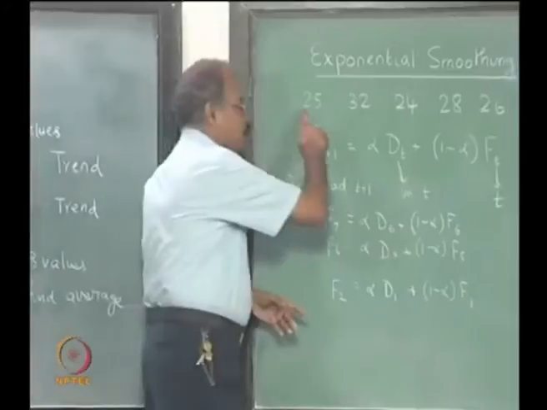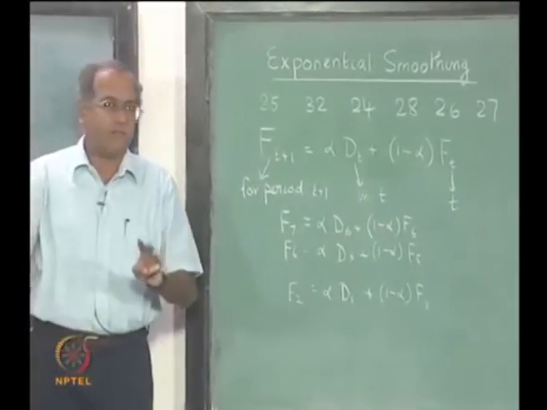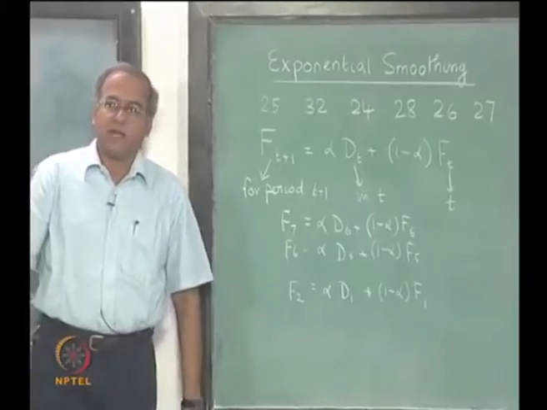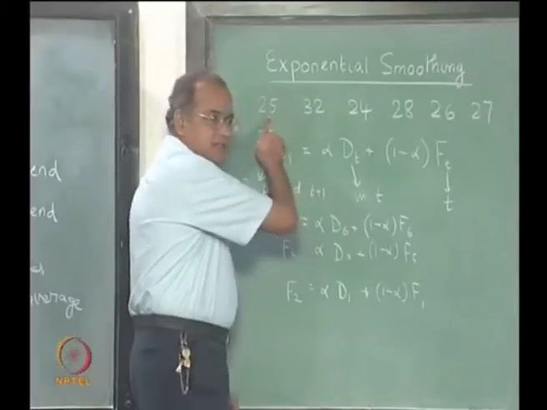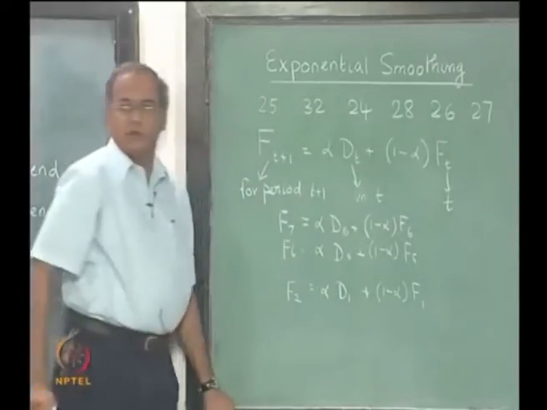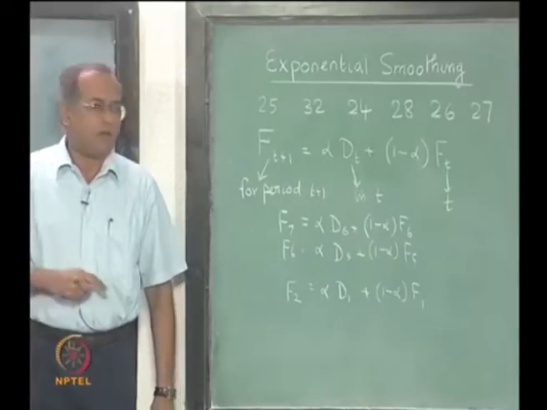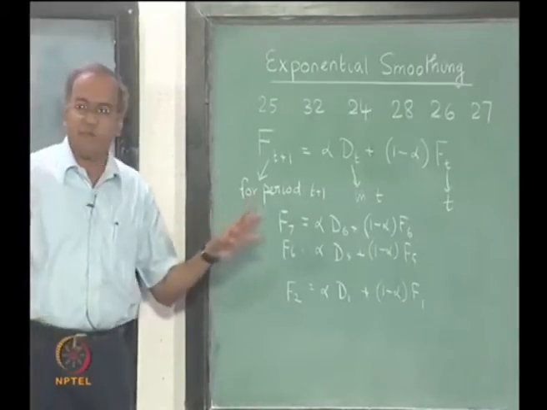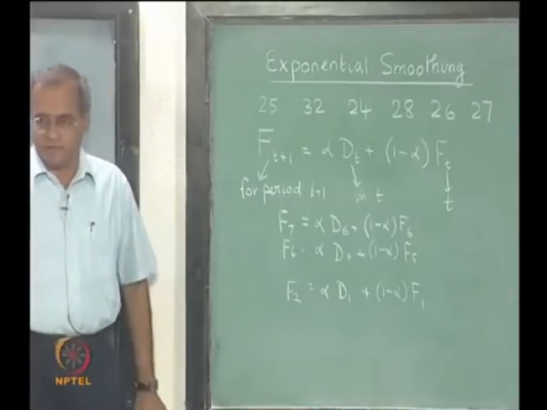We have used all the values: D1, D2, D3, D4, D5 and D6. We also said that we should give progressively increasing weights to more recent data. Let us see how we give the progressively increasing weight to more recent data.